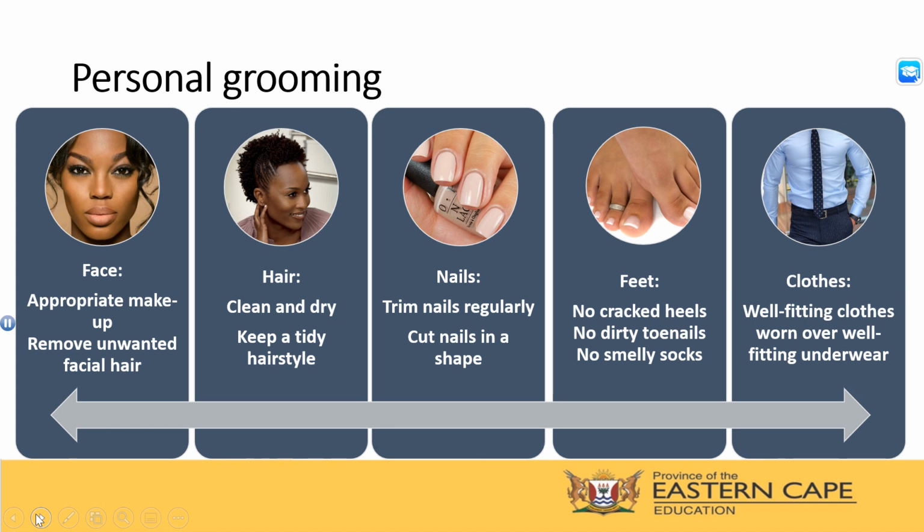But when they are part of the tourism industry and taking into account the professional image that is required of the staff, they should have appropriate makeup. Hair, of course, clean and dry, but also in a tidy hairstyle that fits the profile of their tourism business.